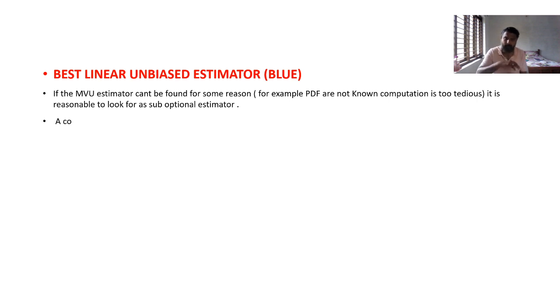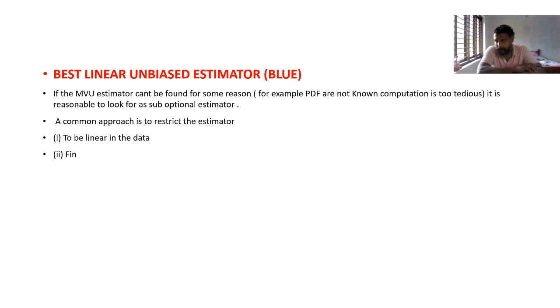As I told you, the common approach is to restrict the estimator to be linear in the data. First point, linear in the data. Second, find the estimator that is unbiased, and the third one is that it has minimum variance.